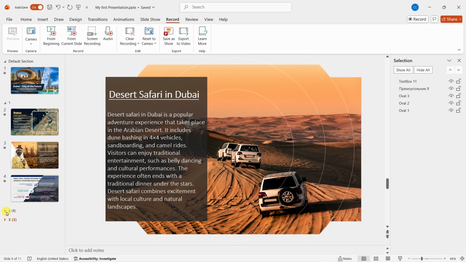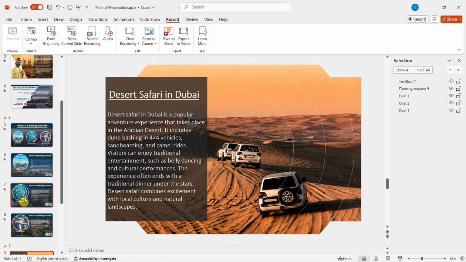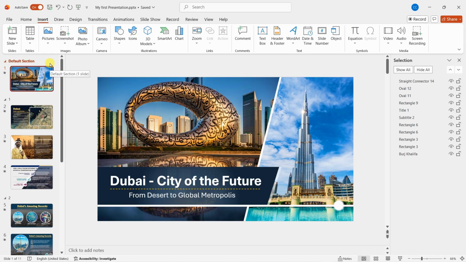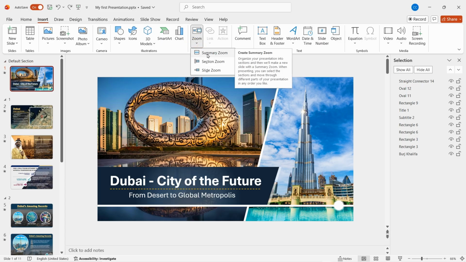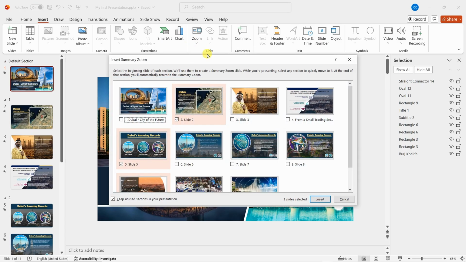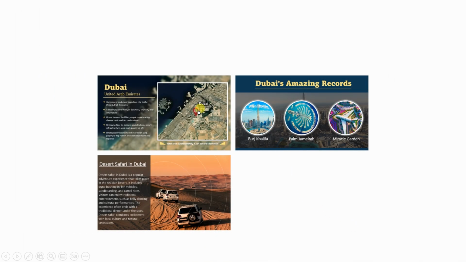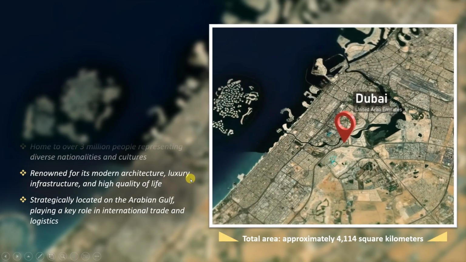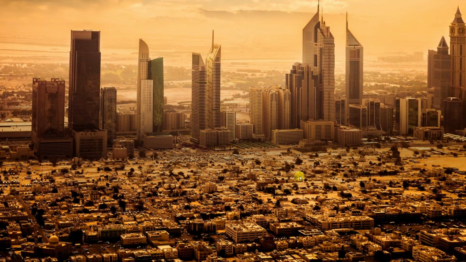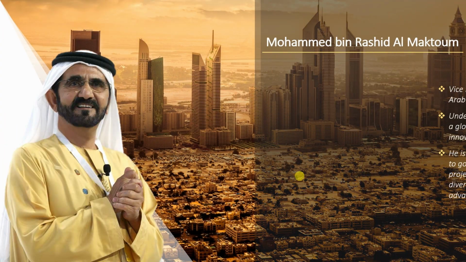In addition, you'll be able to view each section separately. Just select the desired section, and the slideshow will start showing only the slides included in it. For large presentations, this can be a very convenient solution.